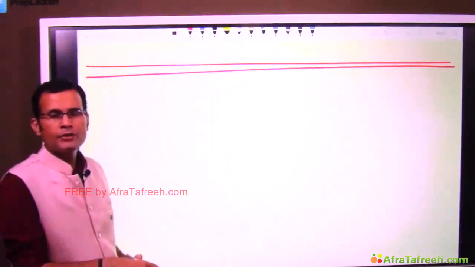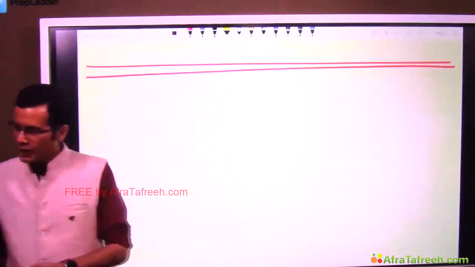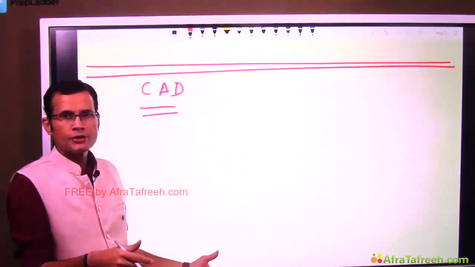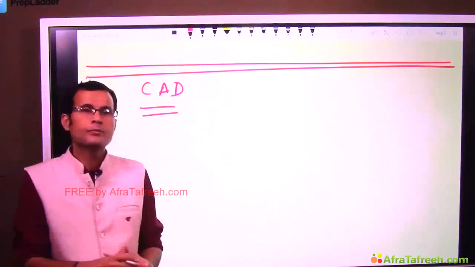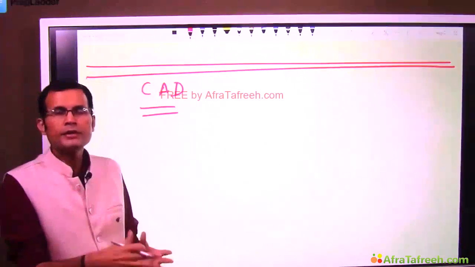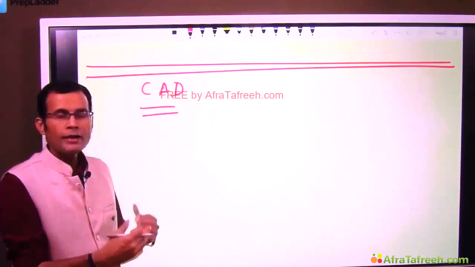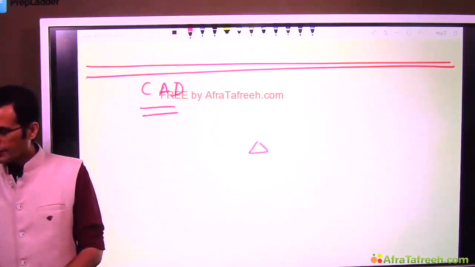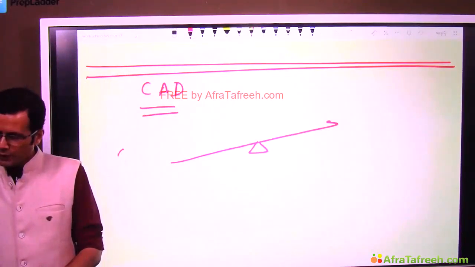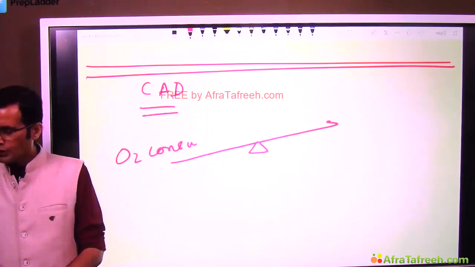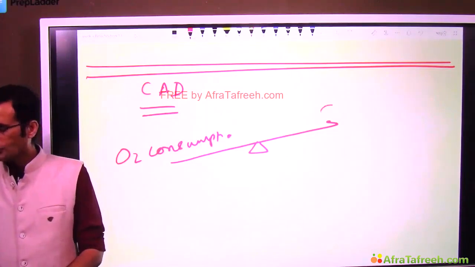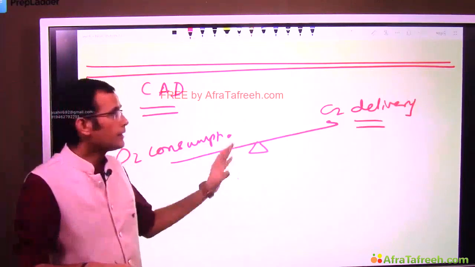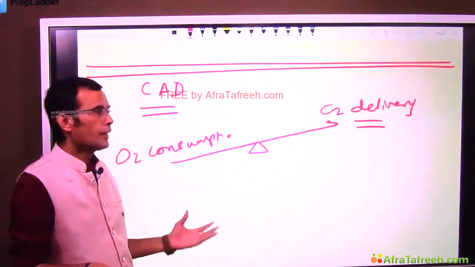And you know the applied physiology, the coronary artery diseases, myocardial ischemia and myocardial infarction. Basically, angina is one disease that you may have read. Why is there chest pain in angina? First of all, there is an imbalance between oxygen consumption and oxygen delivery. This is the primary cause for angina.